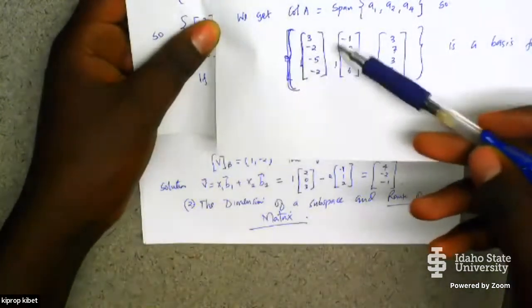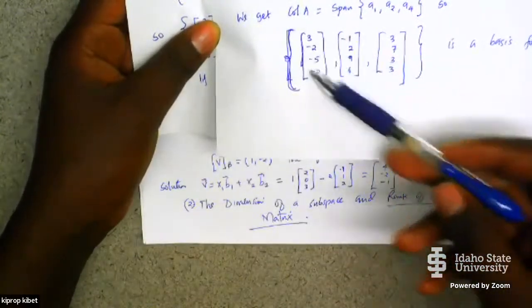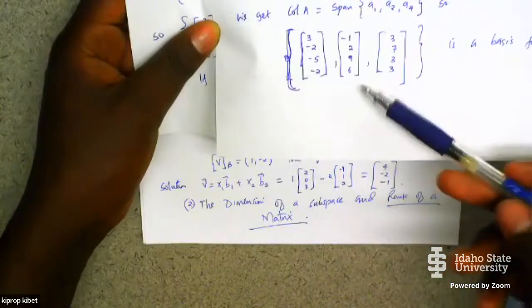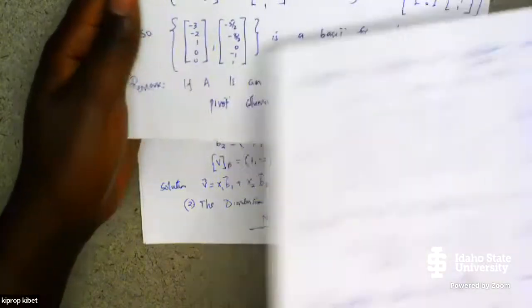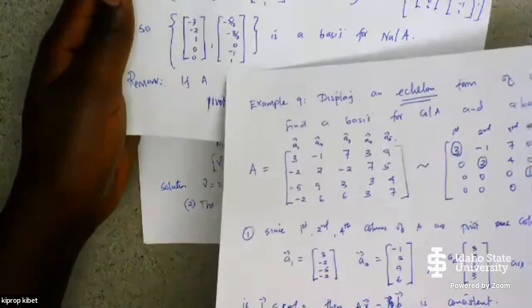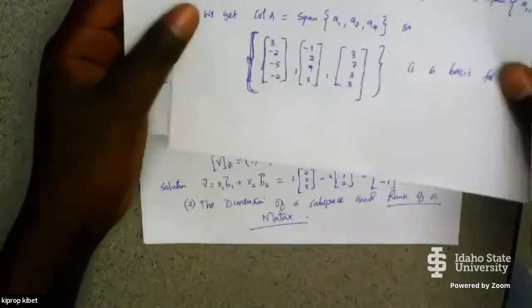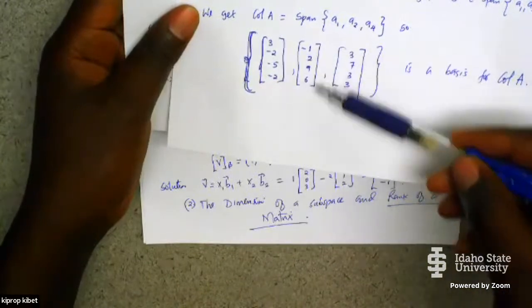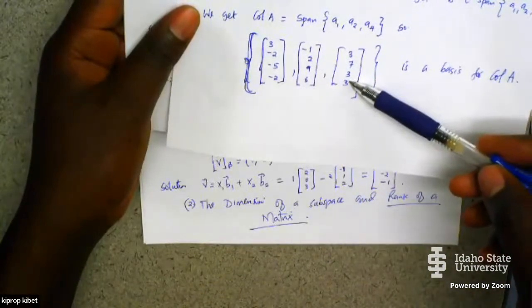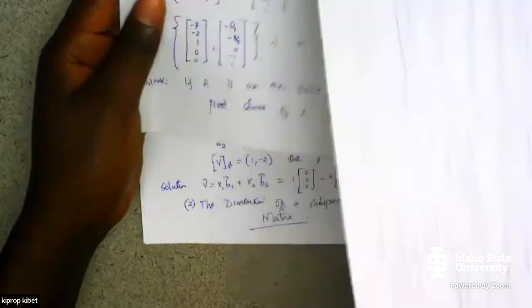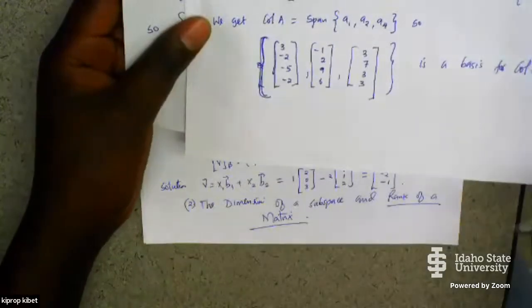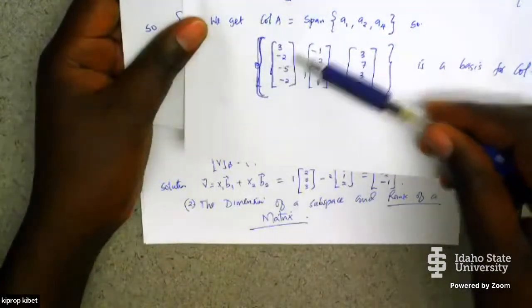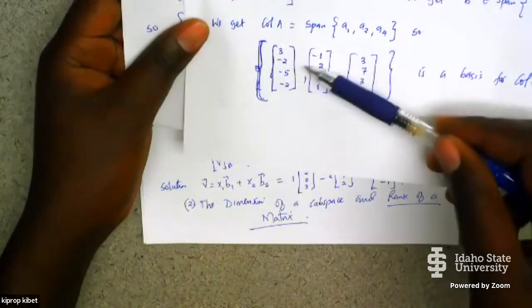What is the number of basis vectors here? There are 3. What is the number here? 2. So the dimension of the column space here is 3, and the dimension here is 2.